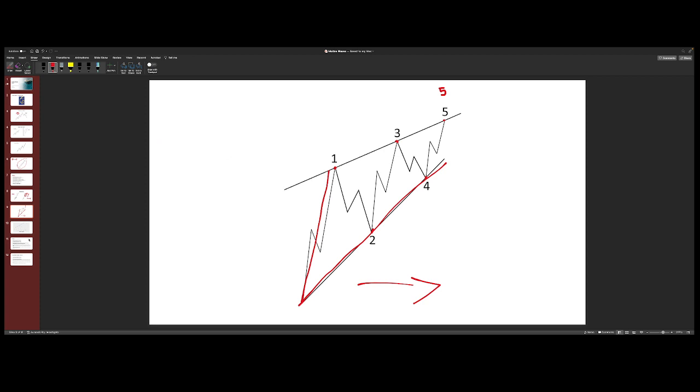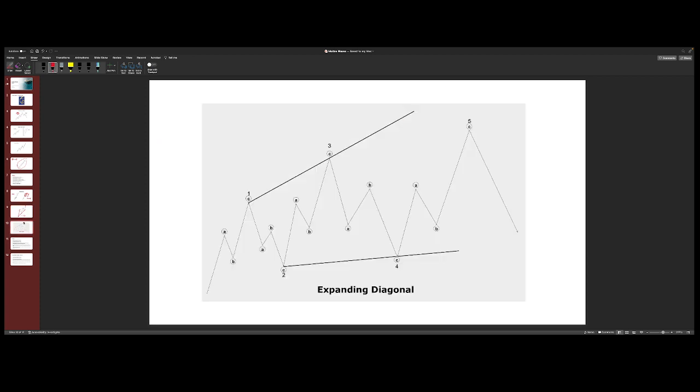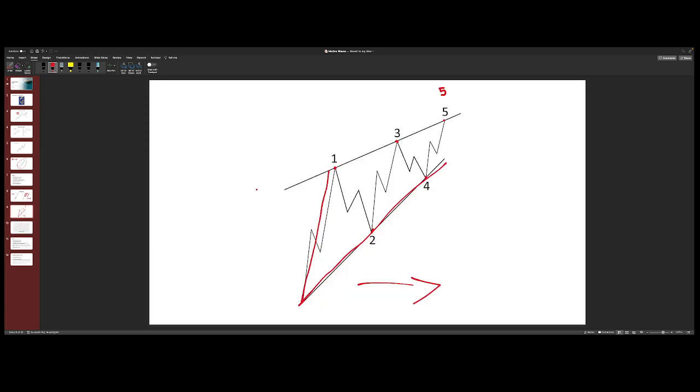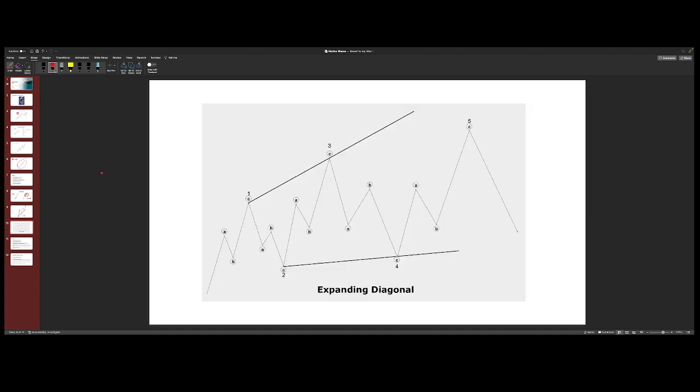There's one more variation, which is the expanding diagonal, which does occur, not as common as these guys. These are way more common. But there has been a few instances where we have an expanding diagonal. And what is that? Very similar to the contracting diagonal, similar rules. They always subdivide into 5-wave movements. 1, 2, 3, 4, 5.